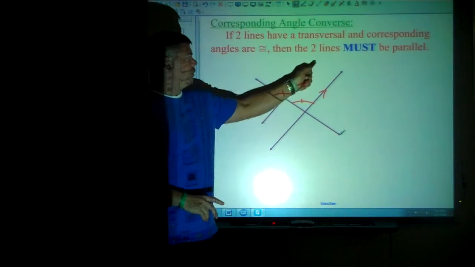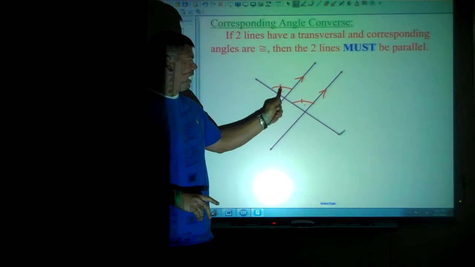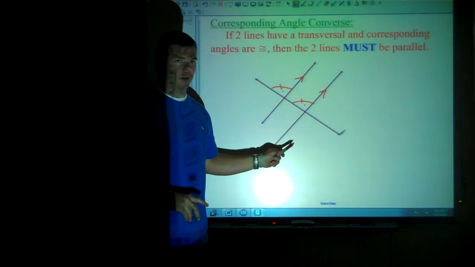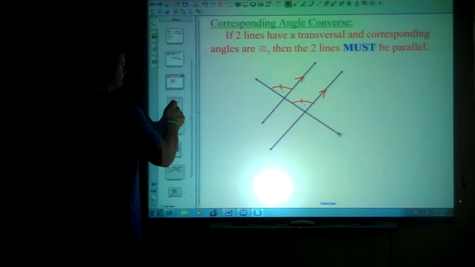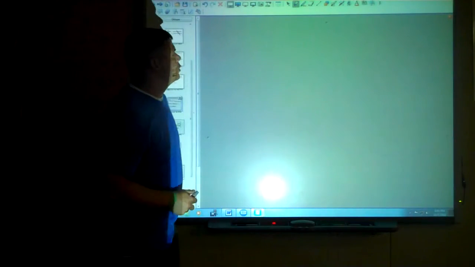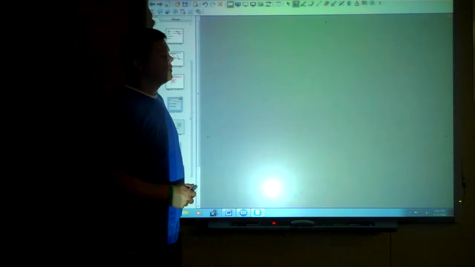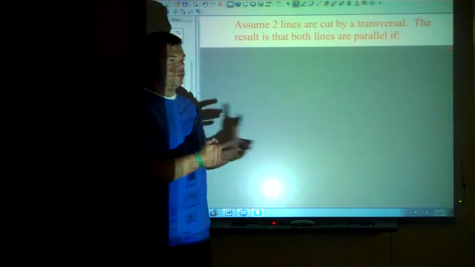So before, we were using the parallel lines to say the angles were equal. Now we're using the angles to say the lines are parallel. So it's the reverse concept. Let's assume that on each one of these, we're trying to prove parallel lines. So assume two lines are cut by a transversal each time.